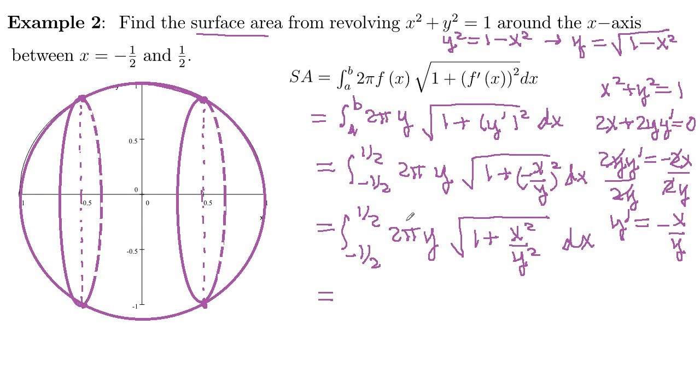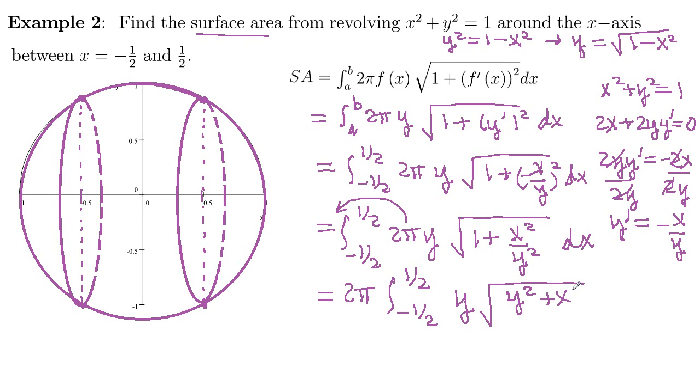We can factor our 2 pi out, so 2 pi on the outside, integral from -1/2 to 1/2 of y, and then the square root. The 1 we can write as y squared over y squared. So we've got y squared over y squared plus x squared over y squared. That's a common denominator, so y squared plus x squared over y squared, dx.